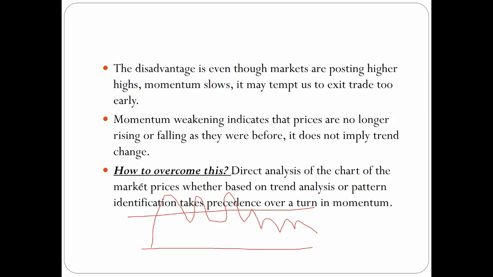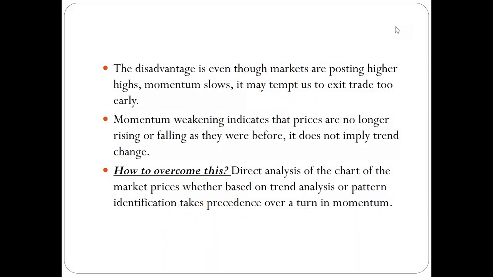Suppose at this level the prices are going higher, and suddenly we post a lower high. So here we see the momentum has shrugged, and here the price also confirms it. At this point, when we mix it with our classical charting techniques or any other confirmation method, it will tell us, yes, the momentum has really changed, or there is maybe really a change in the trend.